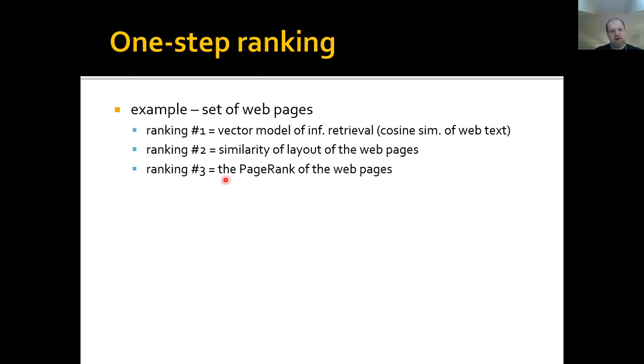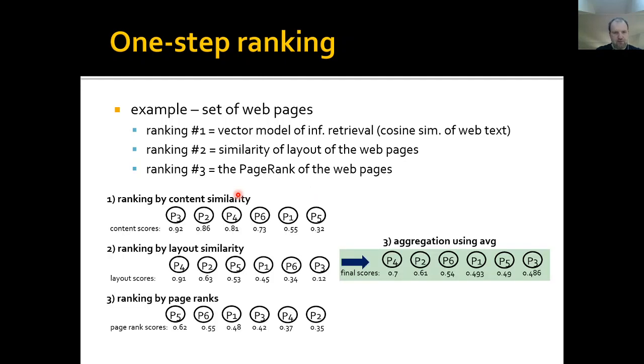And the third ranking is the page rank. So we have three partial rankings with the same content. So we have 6 web pages, and this set of 6 web pages is sorted 3 ways. First by content, by cosine measure, second by layout, and third by page ranks. And we have different rankings.